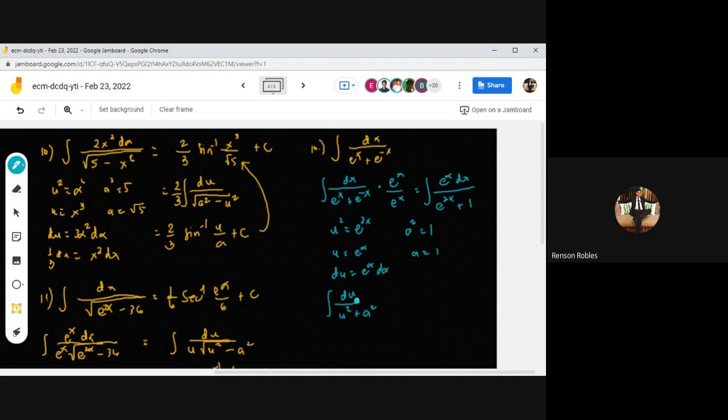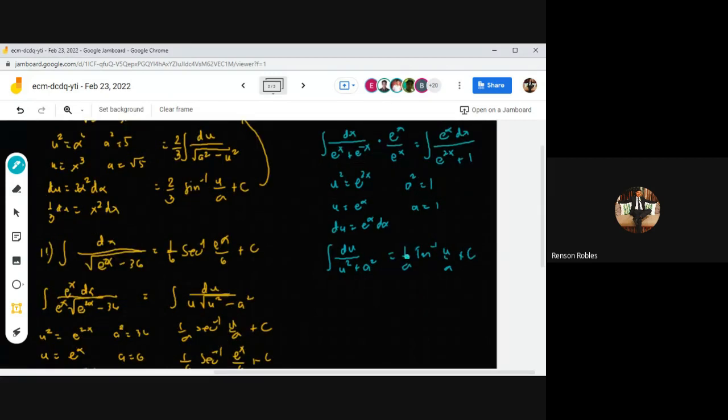Then it's of the form du over u squared plus a squared. And that's 1 over a arctangent u over a plus c. And it just so happened that a is 1. So you have 1 over 1 arctangent u over 1 plus c. So that's arctangent e to the x plus c.